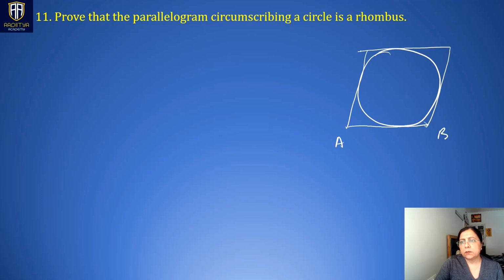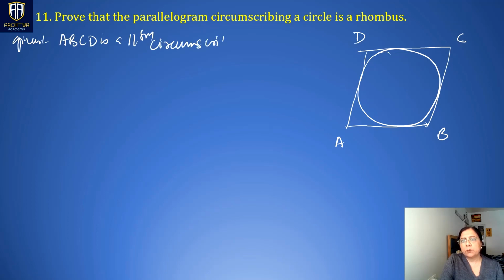This is A, B, C, D. Now we are given that ABCD is a parallelogram circumscribing circle C, right?